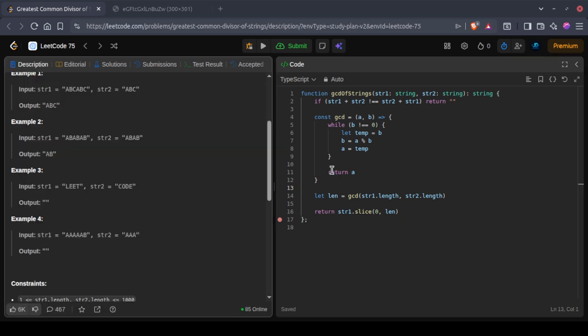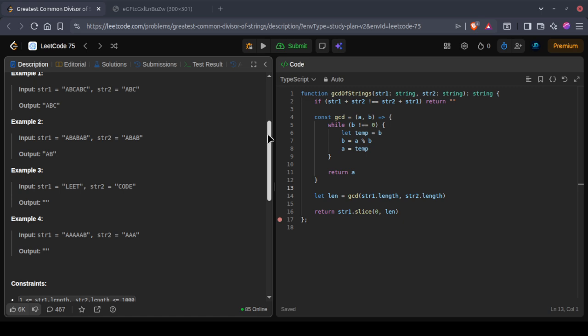So how do we recognize this pattern? Whenever you see a string with repetition, like AB, AB, AB, and ABC, ABC, all these things, where a word is divided or repeated multiple times, think: is there a common base pattern? Can I use the GCD on length? So these are the patterns for this.